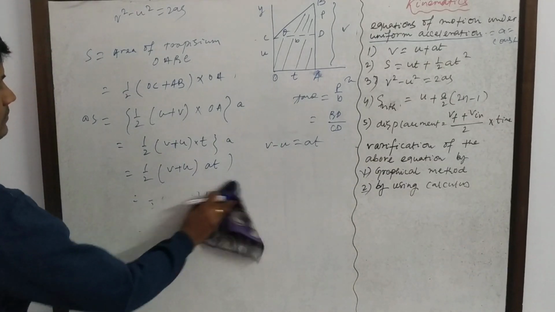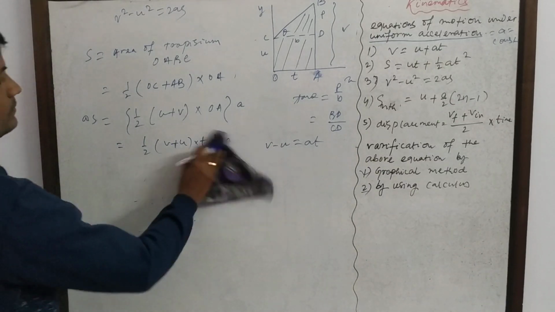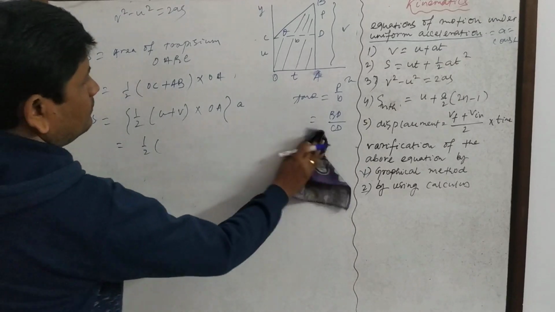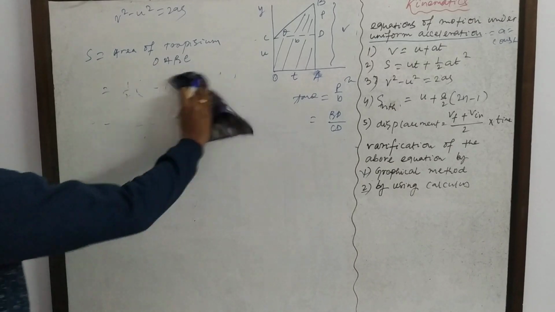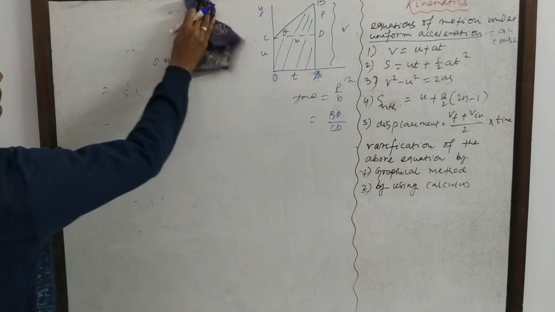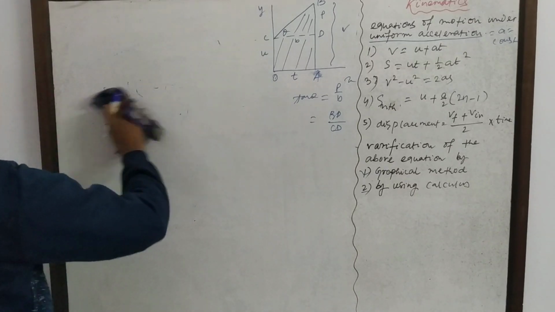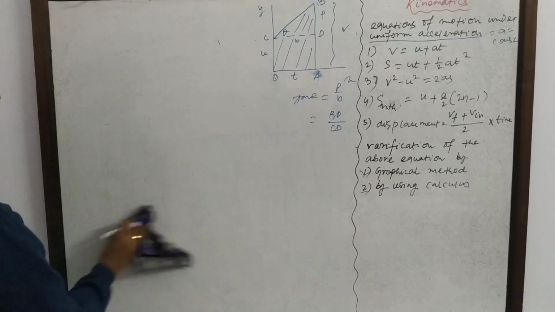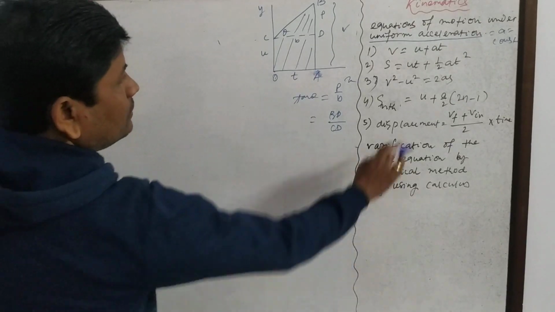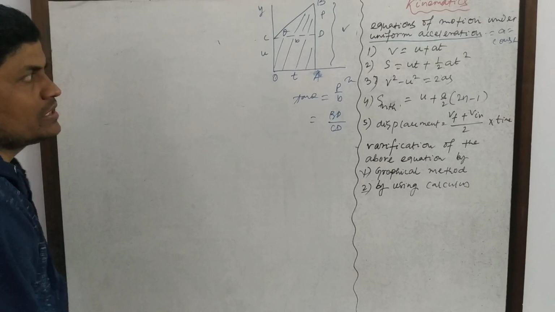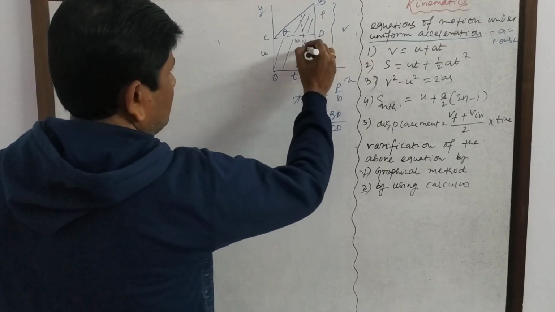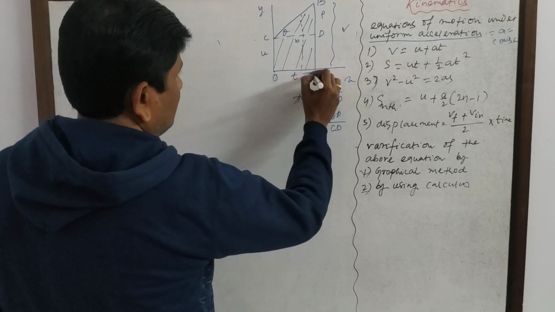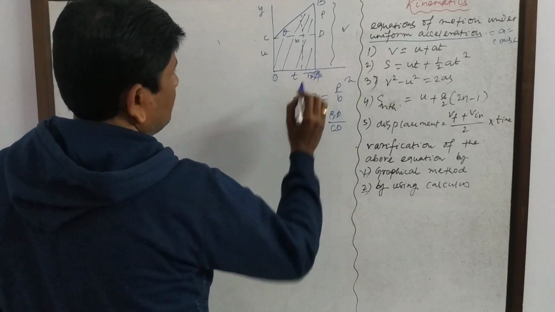Now we will prove S nth is equal to U plus A by 2 into 2n minus 1. Okay, now consider here, this is 1 second.